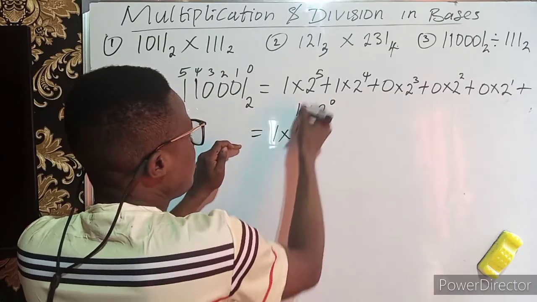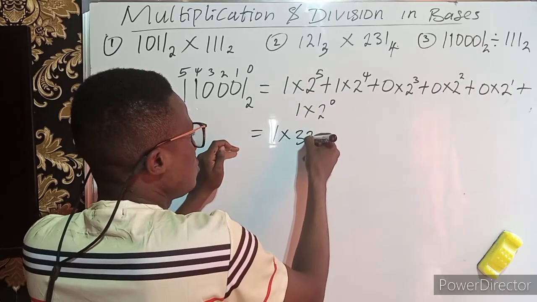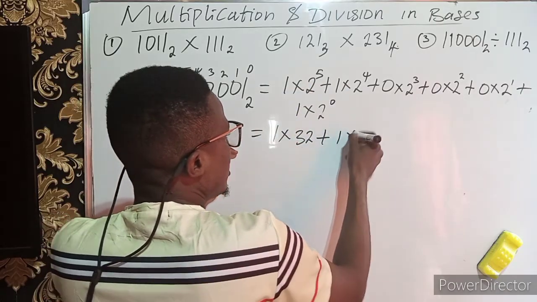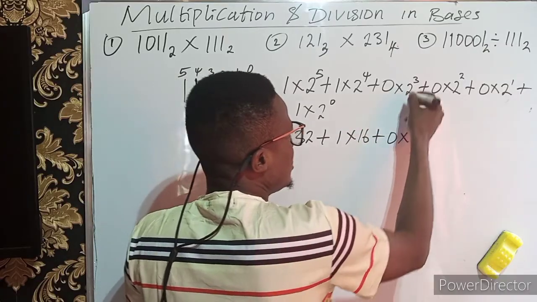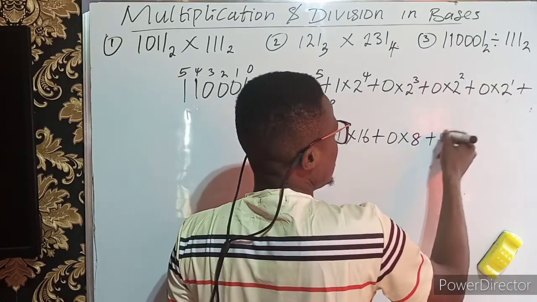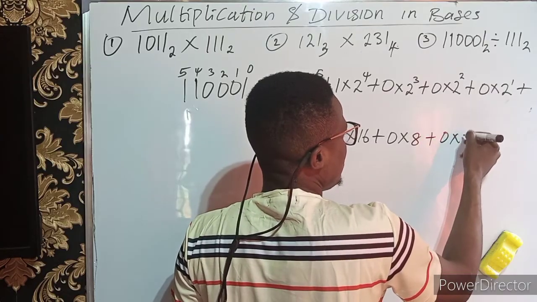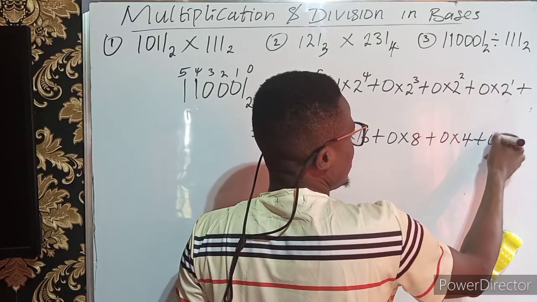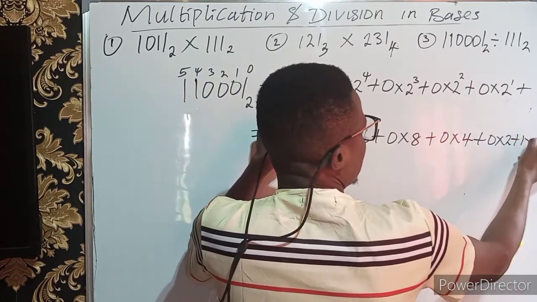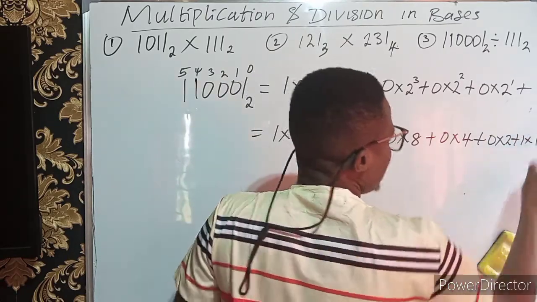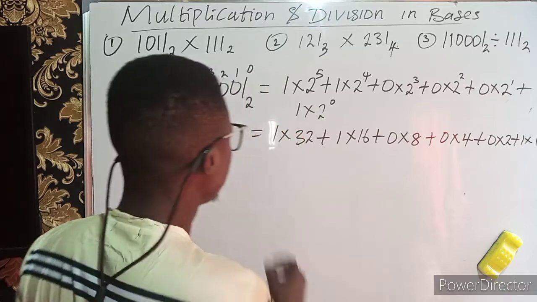That gives us 1 times 2 power 5 is 32 plus 1 times 2 power 4 is 16 plus 0 times 2 power 3 is 8 plus 0 times 2 power 2 is 4 plus 0 times 2 power 1 is 2 plus 1 times 2 power 0 is 1, because any number power of 0 is 1.